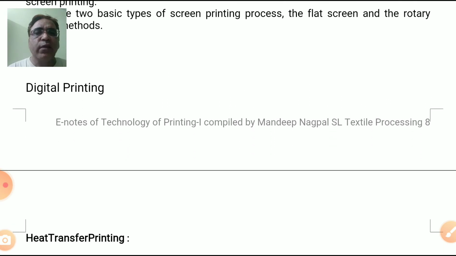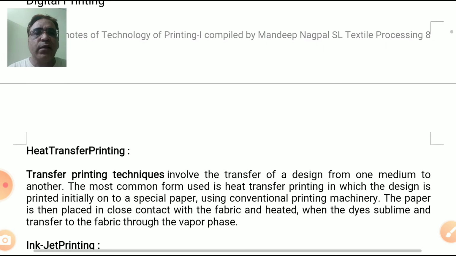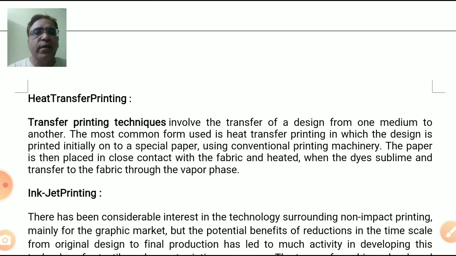Next method of printing is your digital printing, which is today's method, and of course it is applied in two forms. Number one, heat transfer printing, and the other is inkjet printing. Transfer printing is used particularly for synthetic materials, in which, as the name suggests, the printing is done with the help of application of heat.